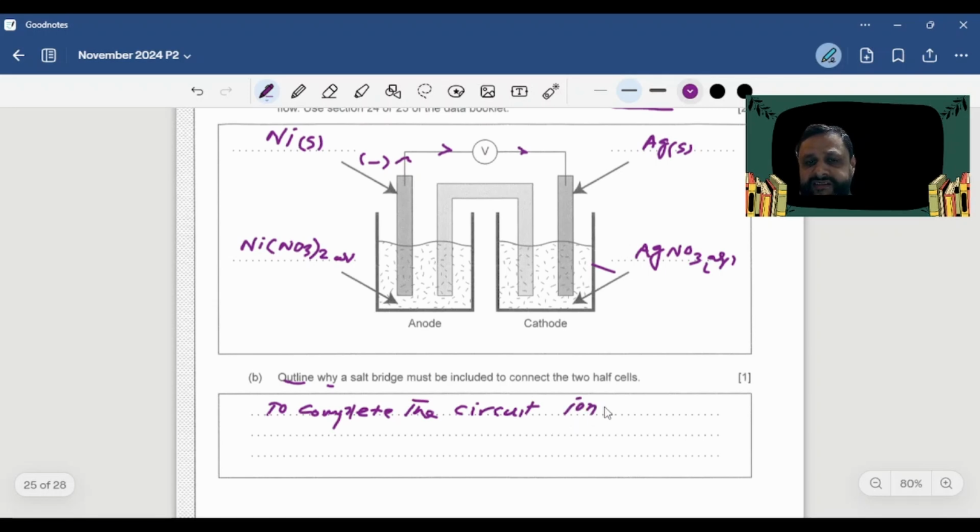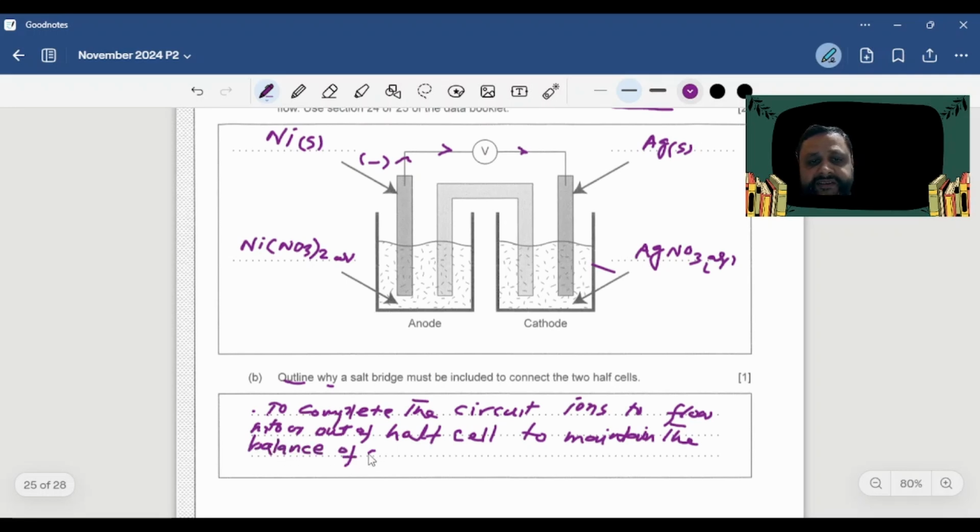So ions flow into or out of the half cell to maintain the balance of charges. Okay, so outline: first, to complete the circuit, and the ions flow into or out of the half cell to maintain the balance of charges. That is the function of the salt bridge.